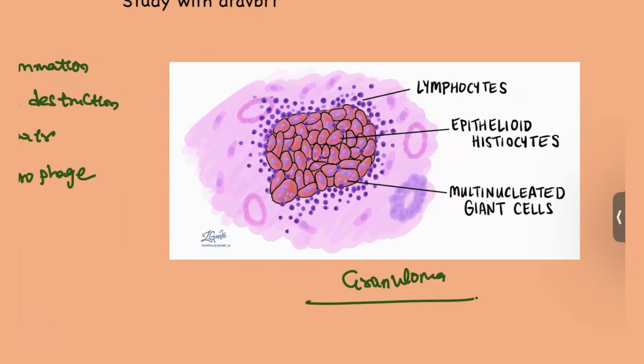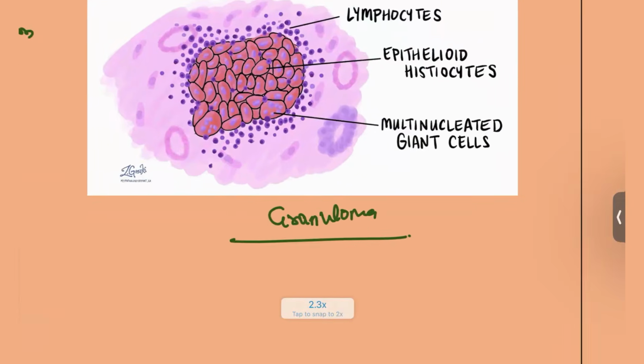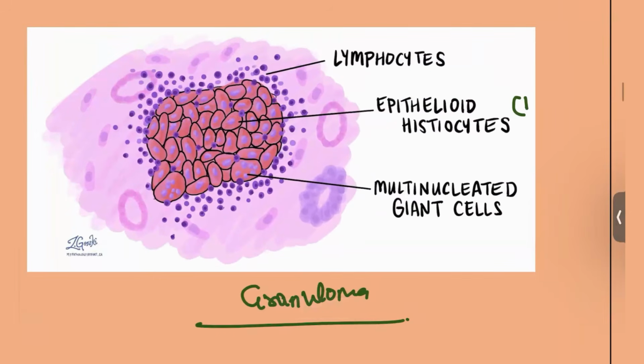What is that granuloma? What structure is the granuloma going to contain? So there will be 4 properties of the granuloma present here. One, and the most important one, is the epithelioid histiocytes. What are those? These are activated macrophages, ready to engulf the microorganism.